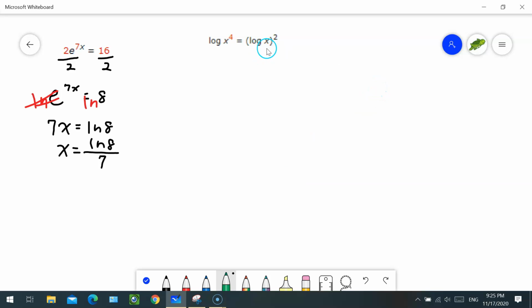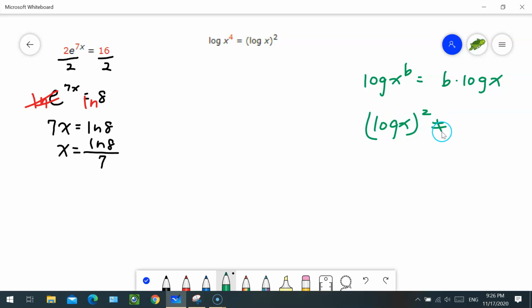This question we have log x to the power 4 on one side. And the other side we have log x, everything to the power 2. Now keep in mind, in order to apply the power rule, log x to the power b is equivalent to b multiplied with log x, but not log x everything to the power 2.